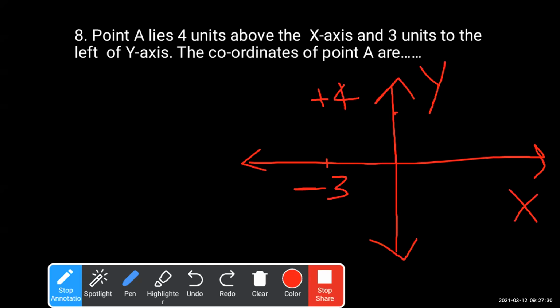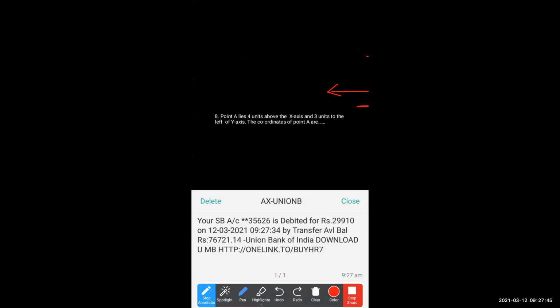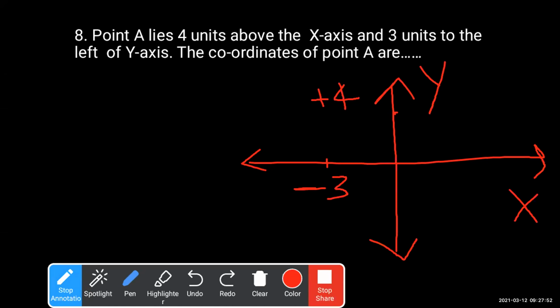So these 4 things you should know. I know that you are aware of this, because all of you know which coordinate will lie on the x-axis and the y-axis. So 4 units above the x-axis, that is +4, and 3 units to the left of the y-axis, that is -3.